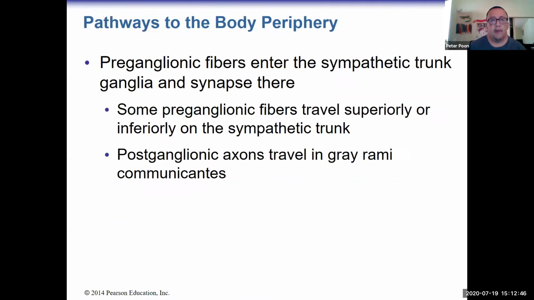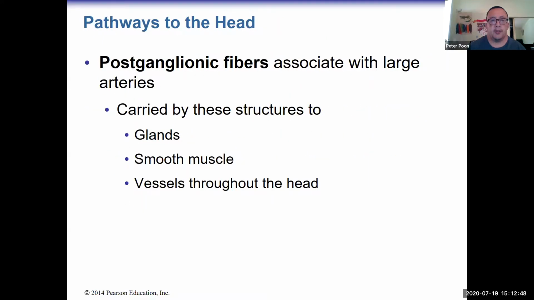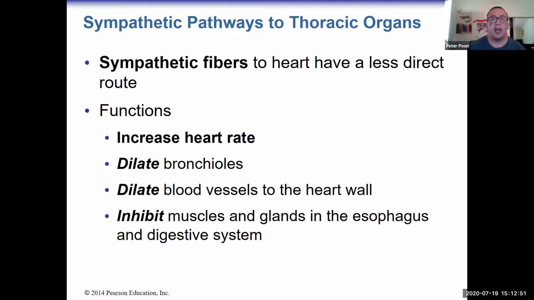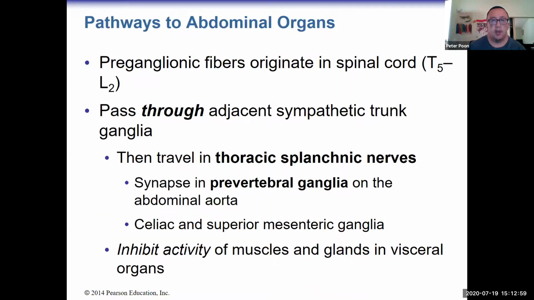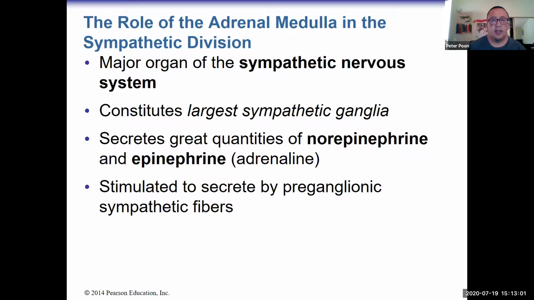I want to focus in on one part of the sympathetic as well, and that is the adrenal medulla. The major organ of the sympathetic nervous system is the adrenal medulla.